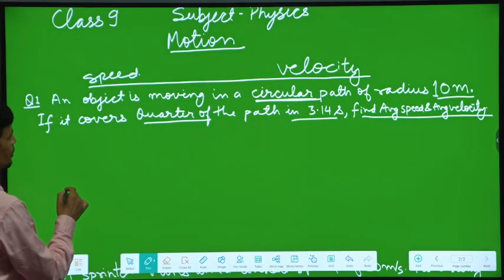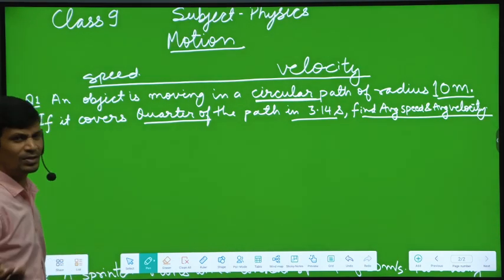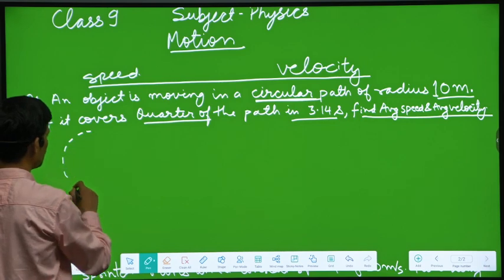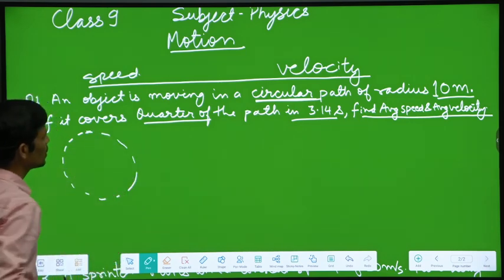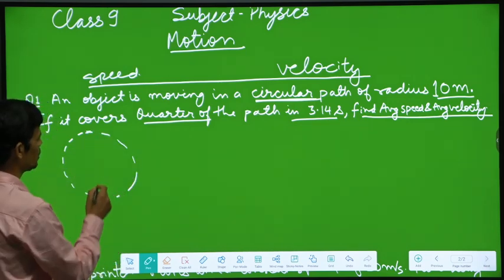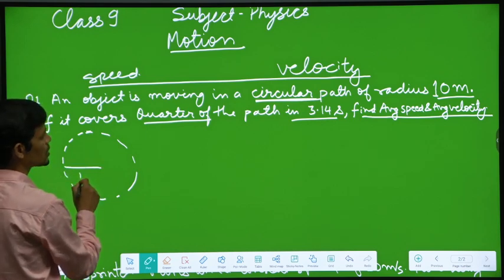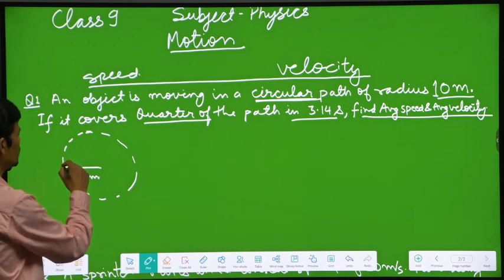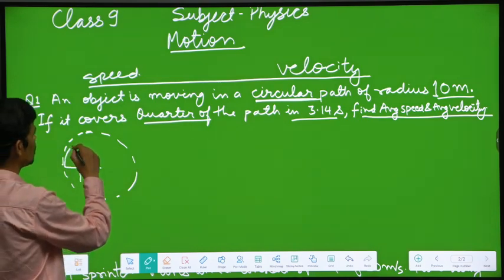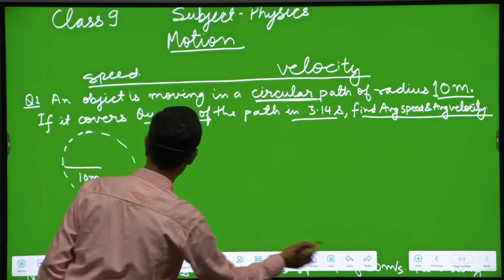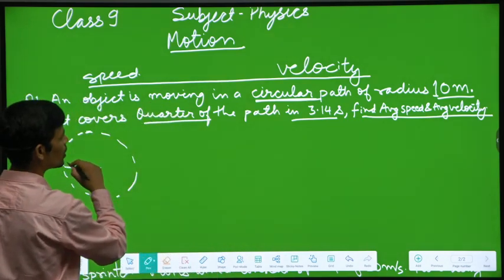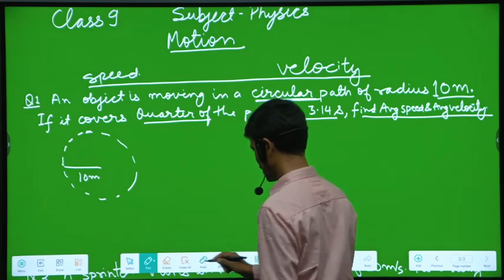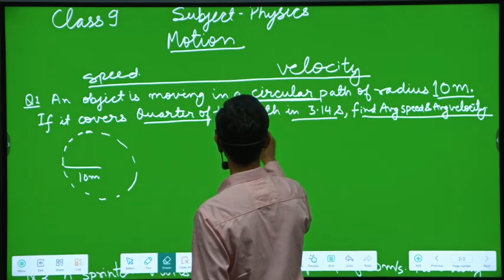First we'll draw its diagram. It is not mandatory, but it will give us a feel of this question. There is a circle and its radius is 10 meter. It covers quarter of the path. Quarter of the path is not the proper word.